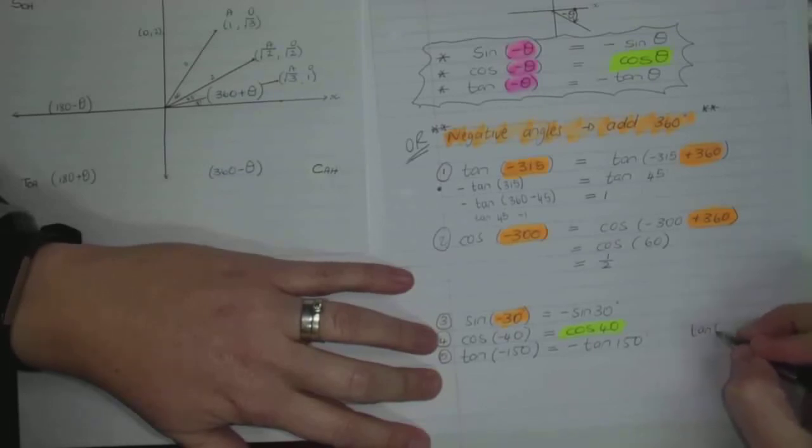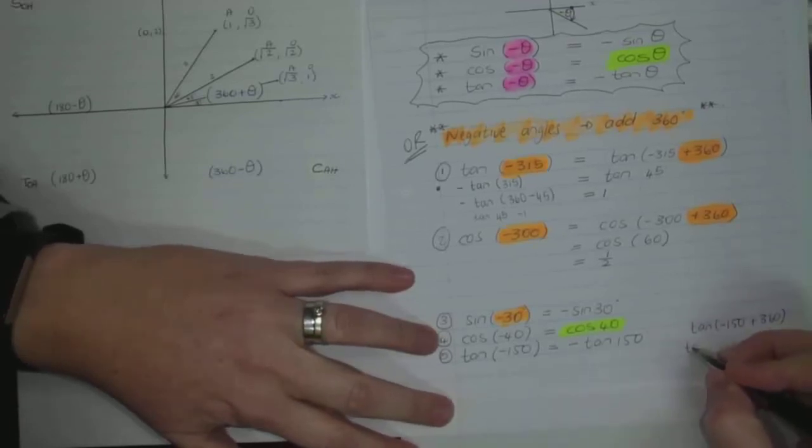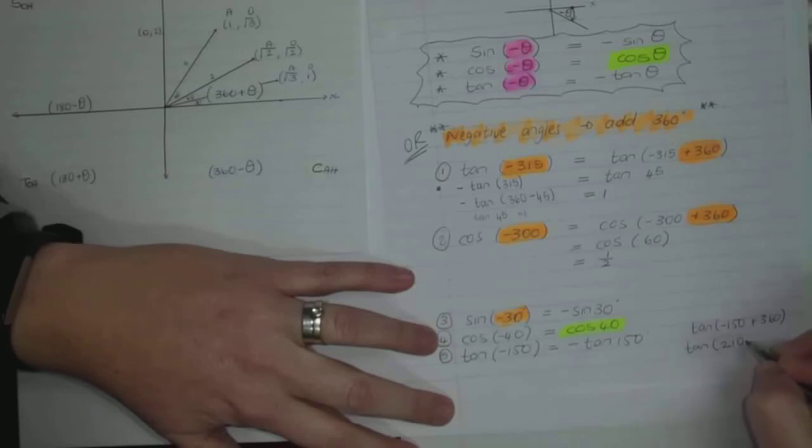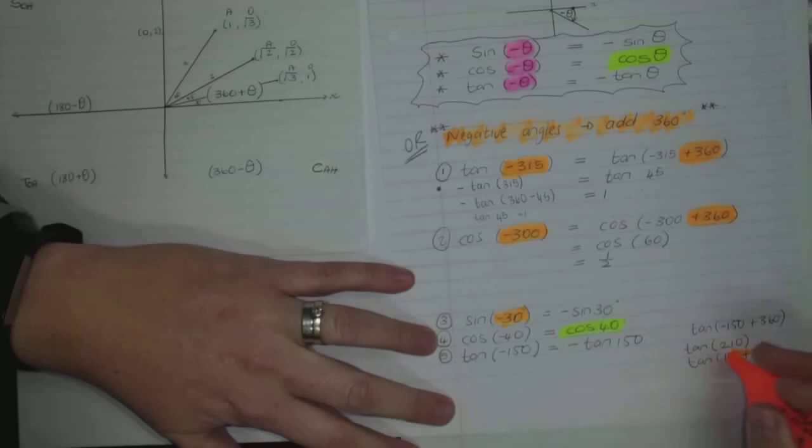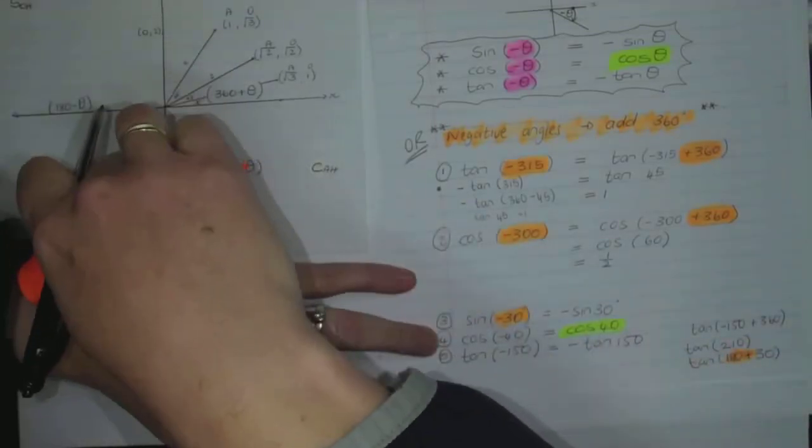So if I said tan negative 150 plus 360, I'll end up with tan 210, which means I have 180 plus 30. In 180 plus, where's 180 plus? It's there.